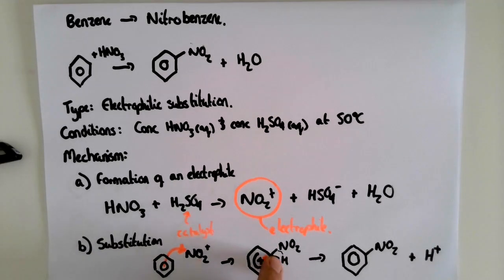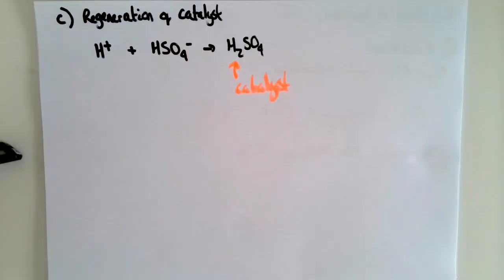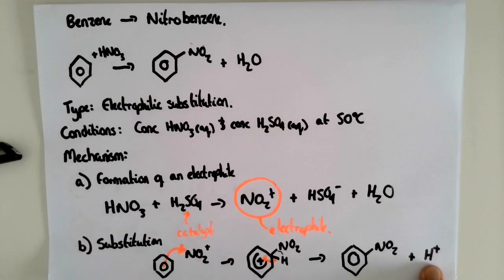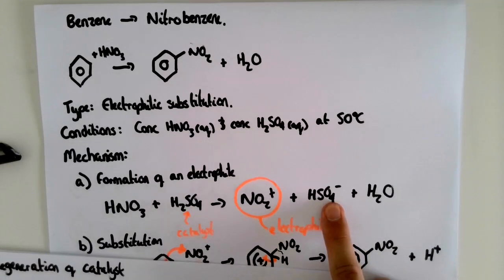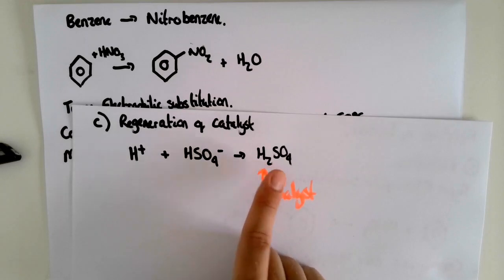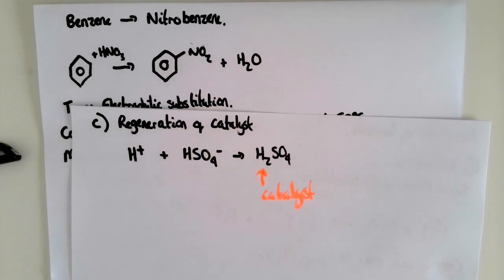The electrons between the carbon and the hydrogen go in and attack the positive intermediate that you've got here to stabilize it, so that we get nitrobenzene and H+. The final step then is the regeneration of the catalyst. H+, which you can see that's where the H+ is coming from, and the HSO4-. These two then combine to regenerate our catalyst here.